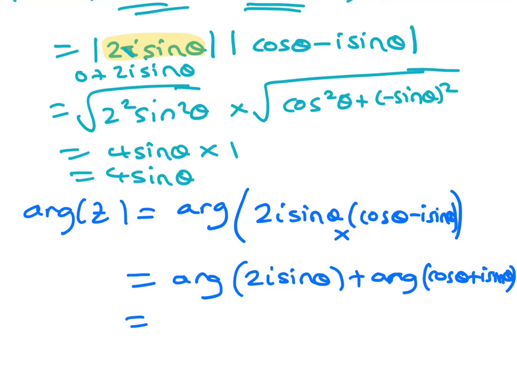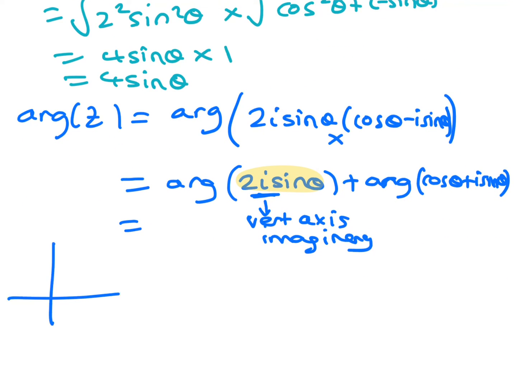So the argument of this one here, because it's just like an i, means that it is on the vertical axis, which is the imaginary axis. So the argument of anything on the imaginary axis, because sine theta would be positive, on the positive half, will be pi on 2 or 90.